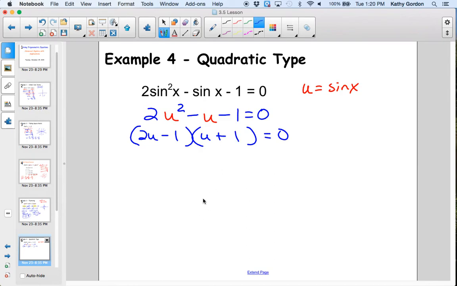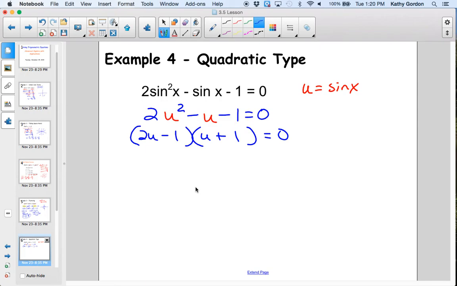Okay, so let's just FOIL back out, make sure. 2u and u are going to be 2u squared. 2u times 1 is 2u. Negative 1 times 1 is negative u. Uh-oh. That didn't quite work. My lasts are good. Negative 1 times positive 1 is negative 1.